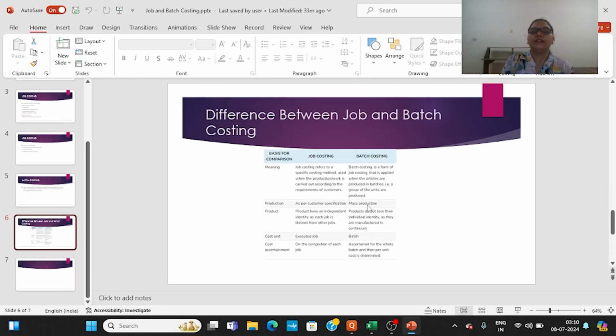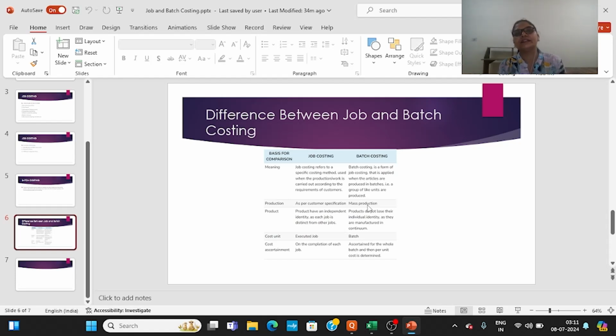Now, the basic point to be noted over here is what the possible differences between job costing and batch costing could be. Job costing refers to a specific costing method used when the production work is carried out according to the requirements of a customer.